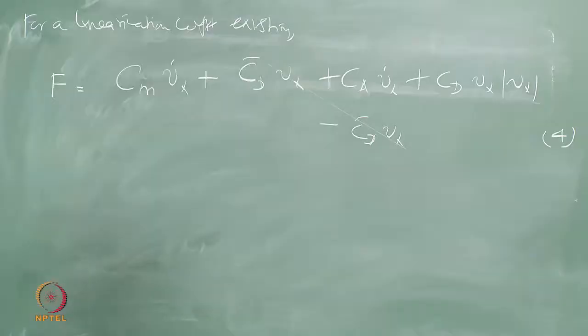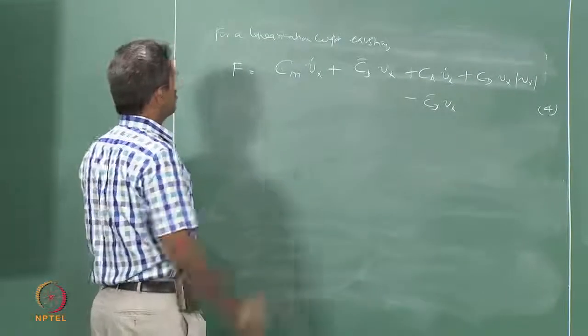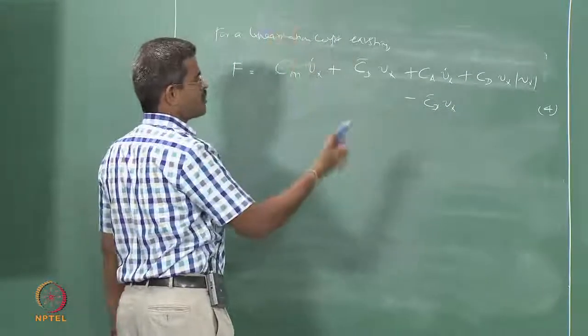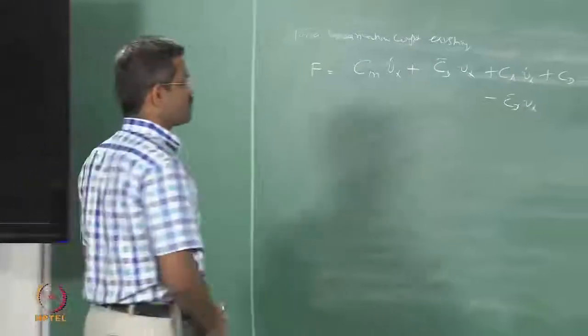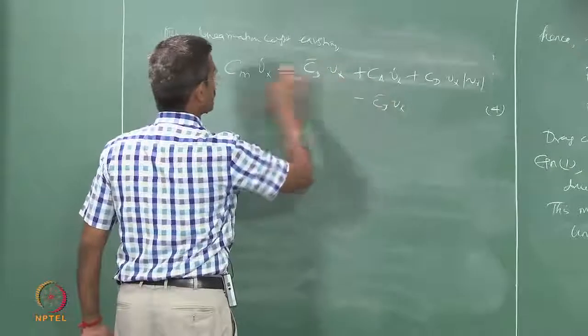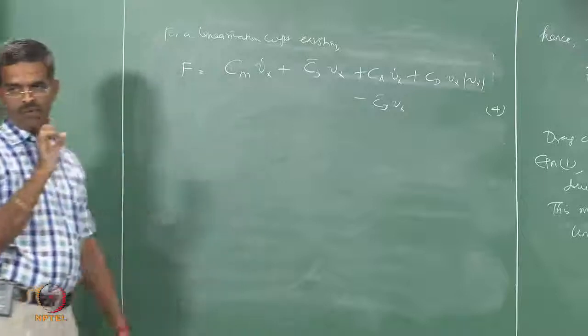I will explain what CD bar is, because this term was anyway expanded from equation 2 and this equation was reproduced from equation 4 with substituting 2 in 1. So compare 4 and 1, it is one and the same except two components are added and subtracted to make it balanced. Now I can rewrite this equation slightly in a different form.